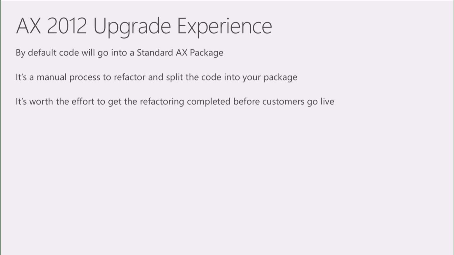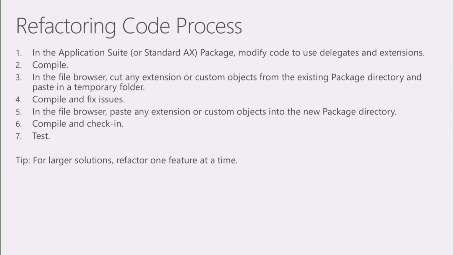That process is really important to go through, because if you don't, you're going to impact your long-term ability to upgrade your AX7 environment after you upgrade from AX 2012. I will give a little bit of advice on how to go through this refactoring process.